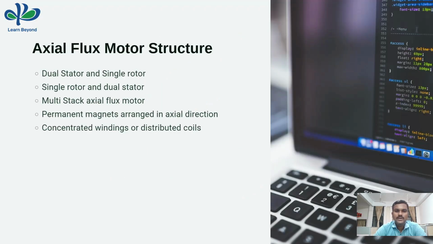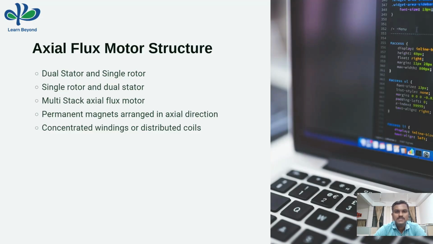So we are going to see the topologies of axial flux motor structures. The first structure is a dual stator single rotor structure. That means we will have two stators, and in between them we will fix the single rotor. The second topology is single stator and dual rotor, where a stator will be present in the center, and we will have a rotor on both sides.